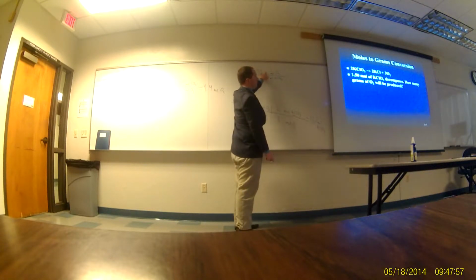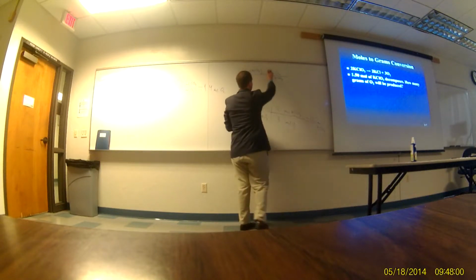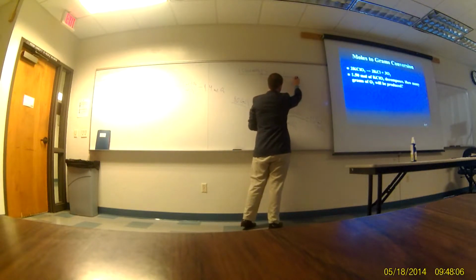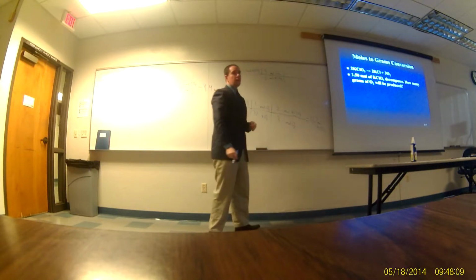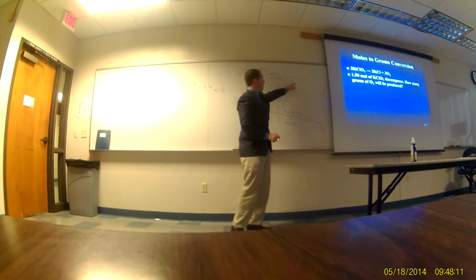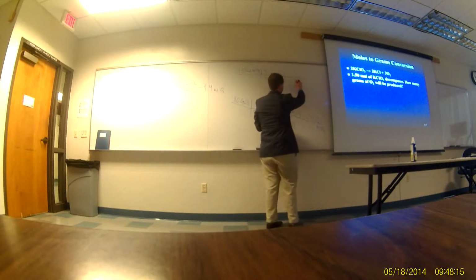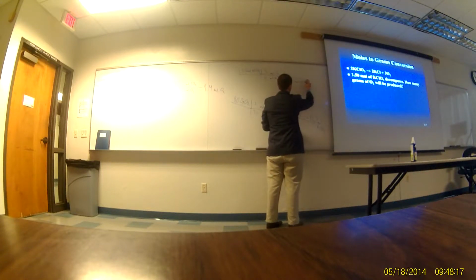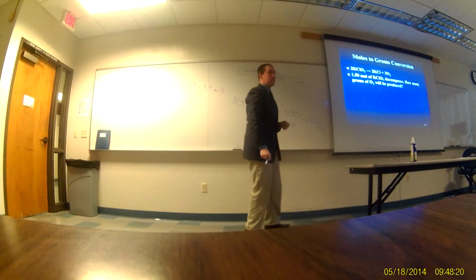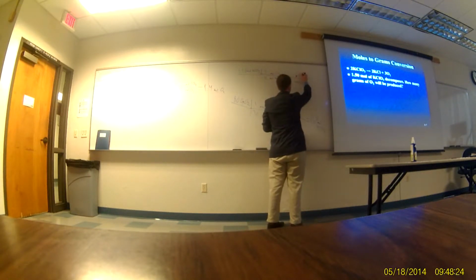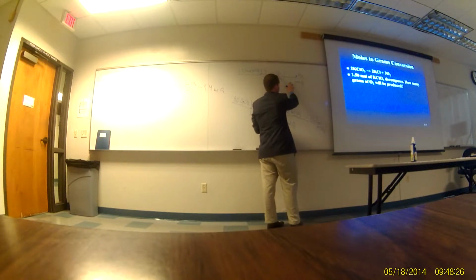What number goes here? 3. It's the coefficient. And here we have 2. Now we have to convert our moles to grams. What unit goes here? Moles of oxygen. What unit goes up there? Grams of oxygen. What number goes here? 1 mole weighs 32.